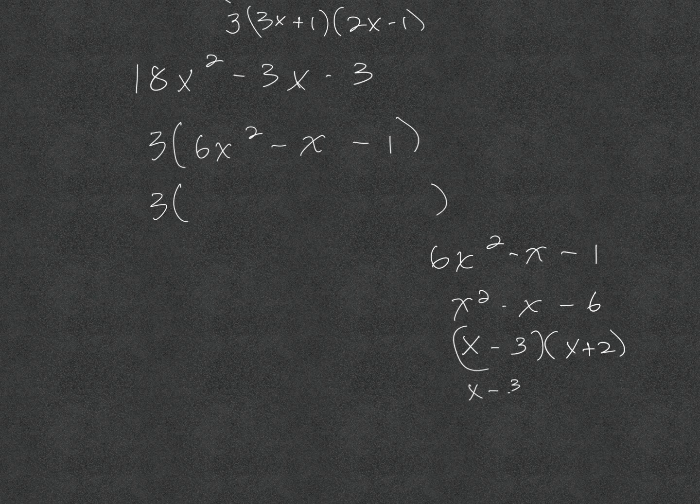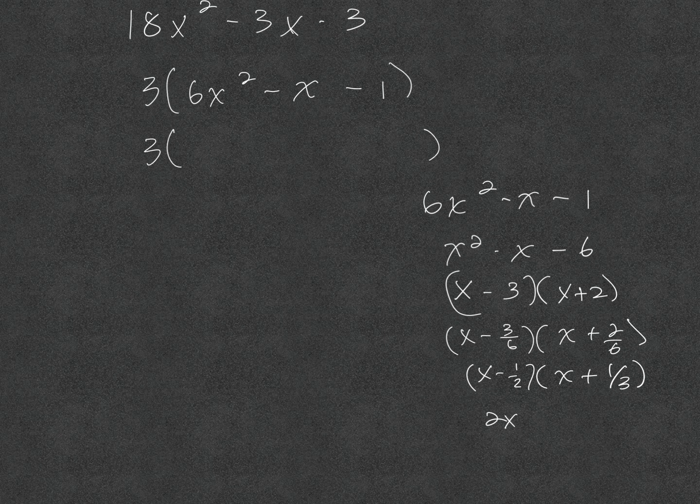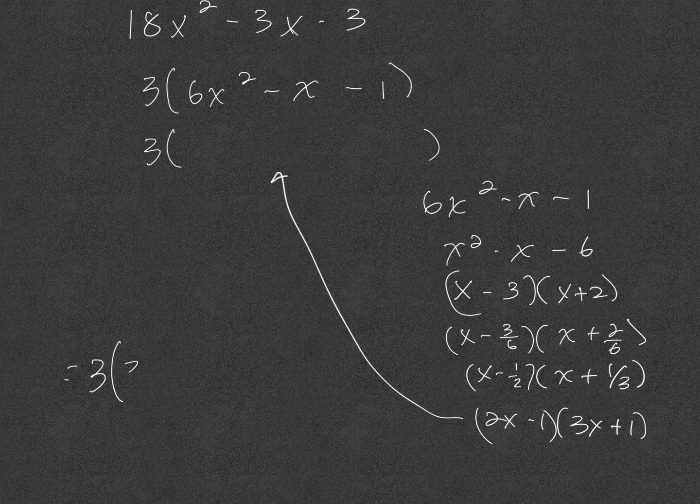X minus 3 over 6 times x plus 2 over 6. Okay, I'm going to get an x minus 1 over 2 and an x plus 1 over 3. Okay, that's going to give me 2x minus 1 and a 3x plus 1. Using that method, put that there. So we have, therefore, that equals 3 times 2x minus 1 times 3x plus 1.